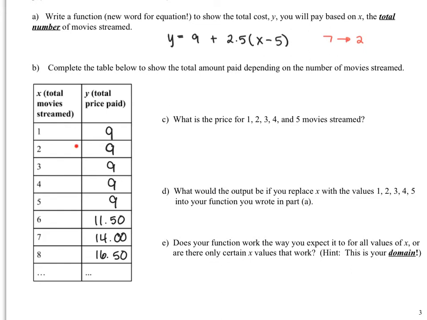So for movies 1, 2, 3, 4, and 5, we're paying that base price of $9. From there, it's going to go up by $2.50 each time. But let's see now what would be the output, our y, if we were to replace x with these numbers 1, 2, 3, 4, and 5 into this function.